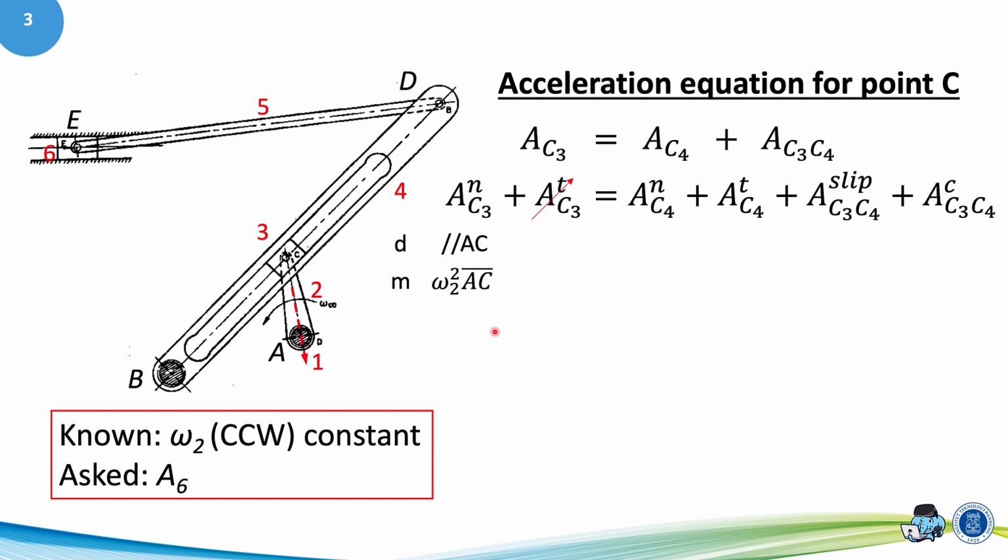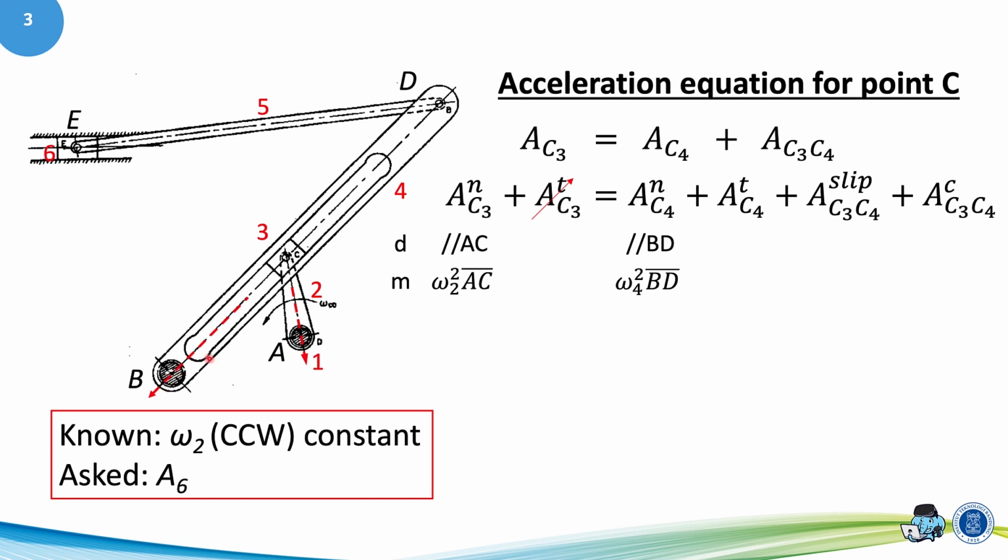The direction of the AC3 normal is parallel to the AC, but always goes to the point A as the center of the rotation, and the magnitude is omega 2 squared times AC. And AC4 normal has the direction parallel to the BD, and you can see B is the center of the rotation.